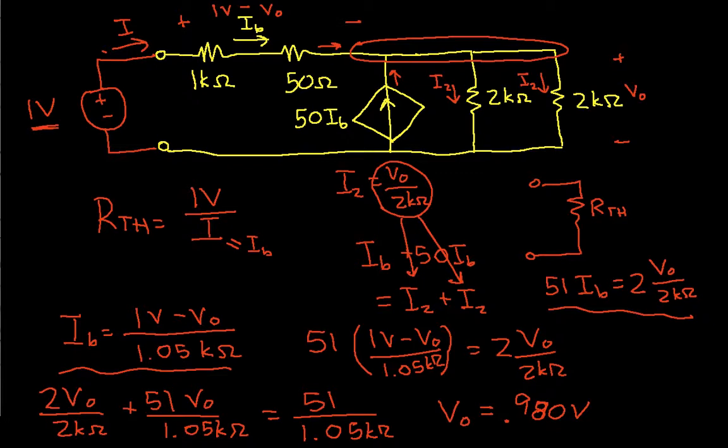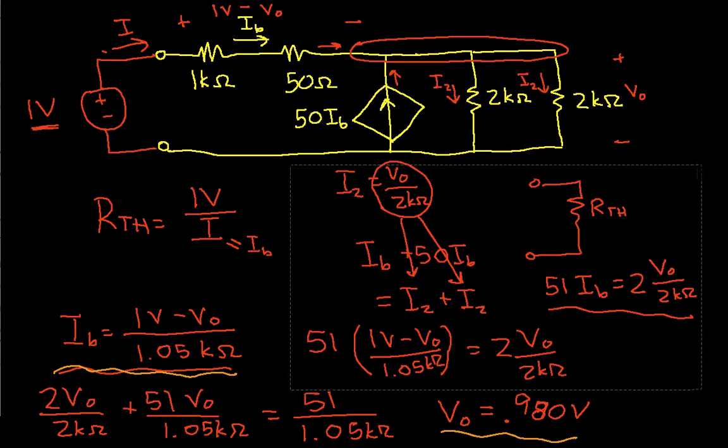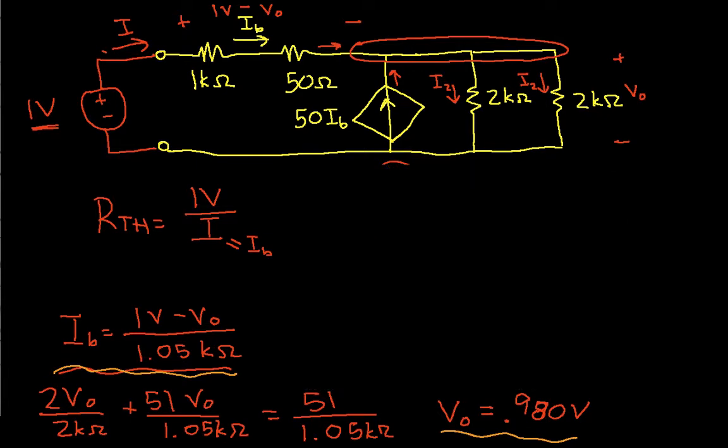We can take this expression, in fact, we'll change colors here just to make it clear what we're doing. We can take this expression, plug it into here, and figure out what IB is. So here we have, in fact, why don't we clean up a lot of this mess. We have then that IB is equal to 1 volt minus 0.980 volts.